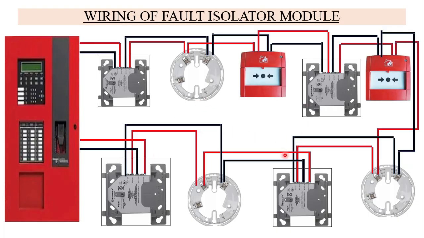After that, if we have a fault and an alarm is coming, we have to go to the site and inspect the circuit to find what the issue is and where it is. If it is a short circuit, we find why it became a short circuit, replace the wire, test it again, and then it is back to normal. In this way the isolator module works.